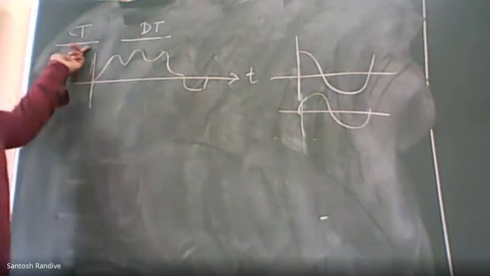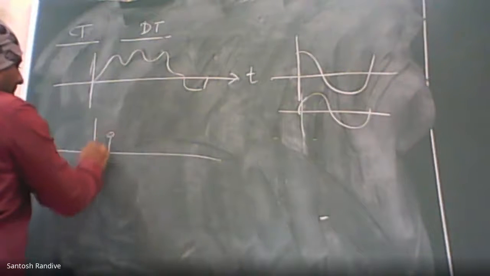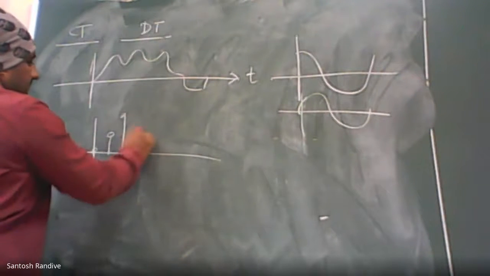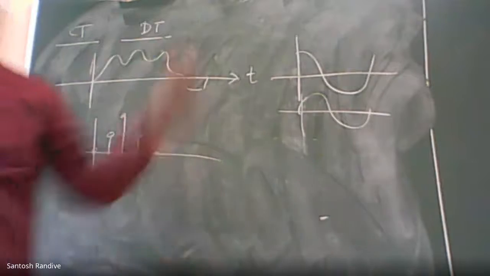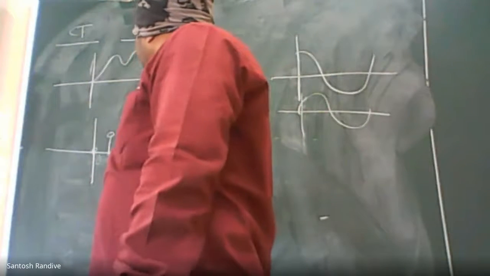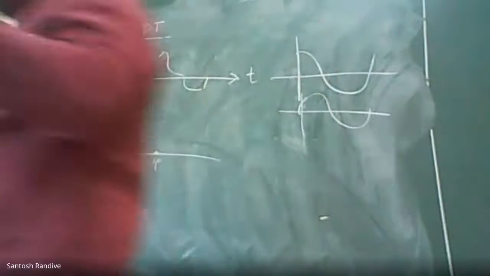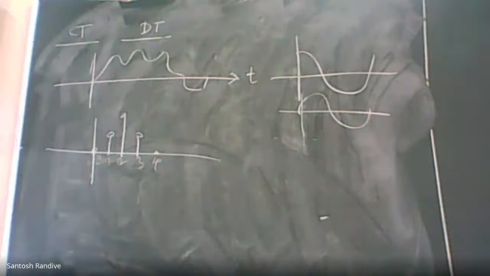What is the meaning of DT signal? Which is not continuous. In simple words, a signal which is not continuous is called a discrete signal. And your values are 0, 1, 2. There is no floating value, only integers, either positive or negative. Simple.